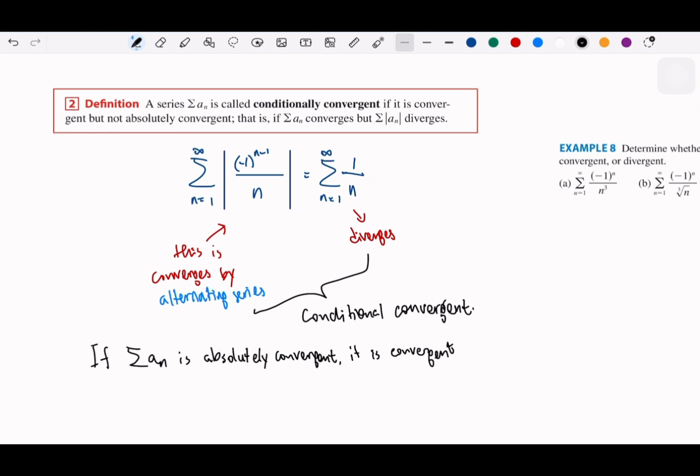So additionally, instead of having just converge or diverge within the alternating series, another goal is to know whether it will be absolutely convergent, conditionally convergent, or divergent.